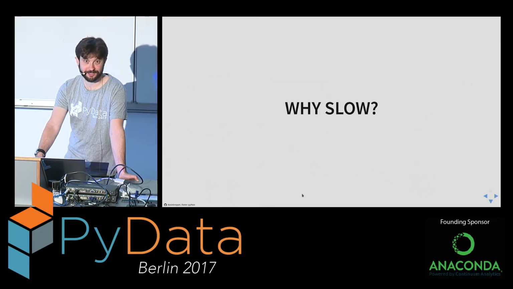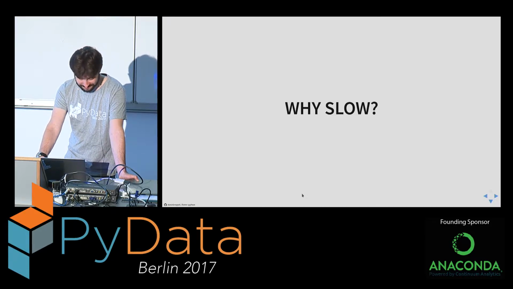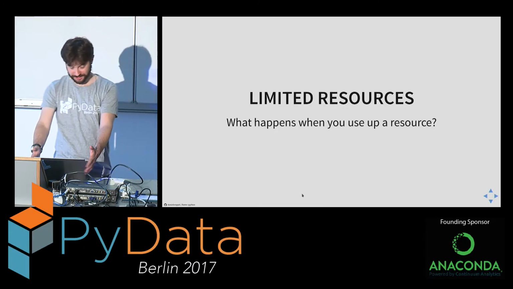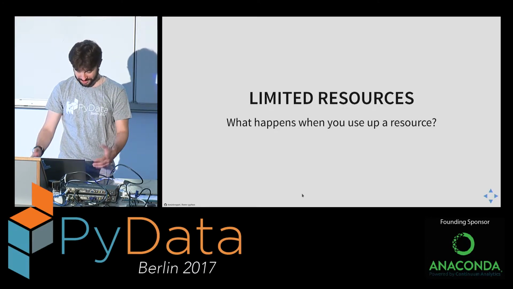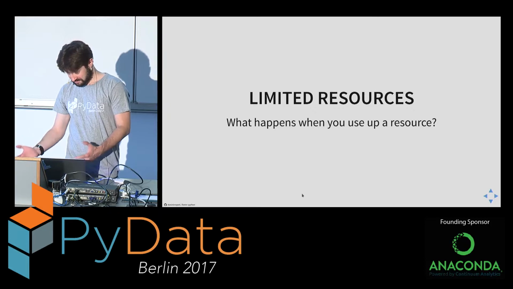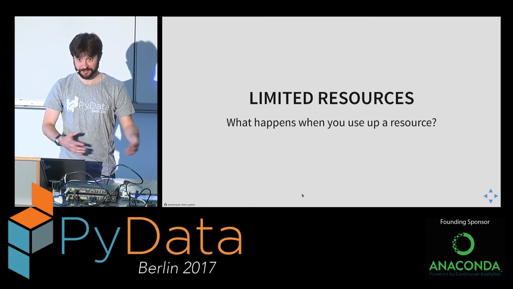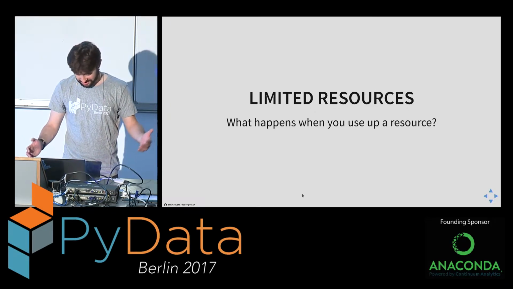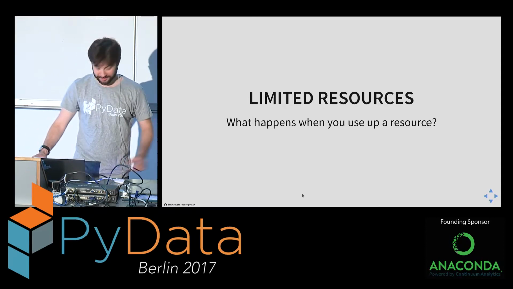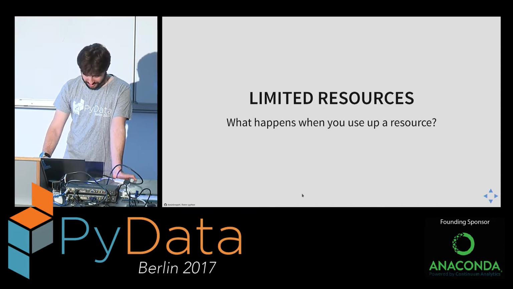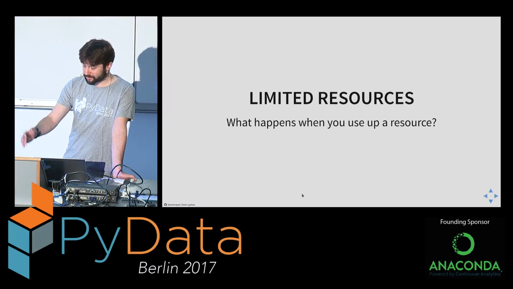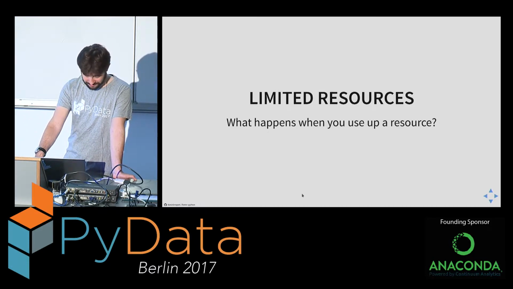Why does our program run slow? Because these machines have limited resources. They have some CPU, some memory, some RAM, disk. They are not infinite. So when we use all of one resource, we go slow.